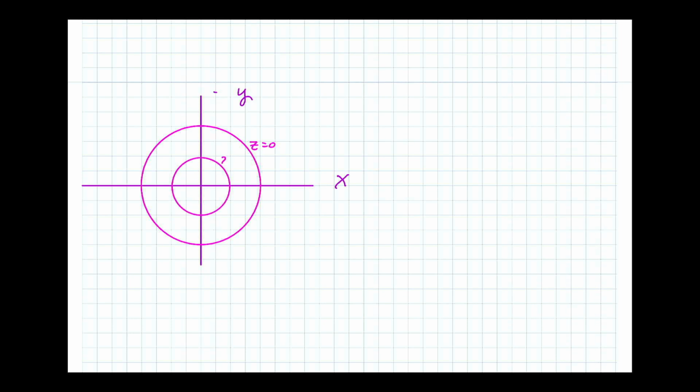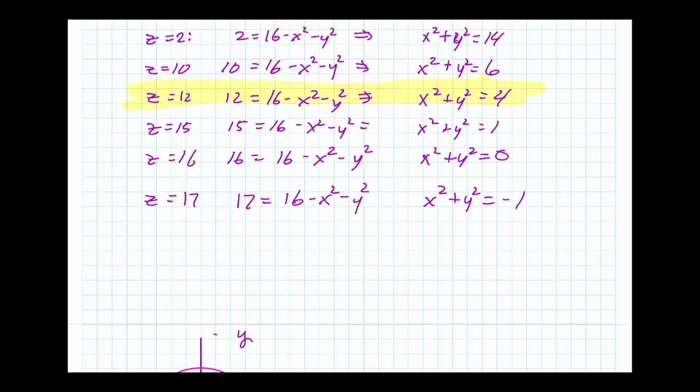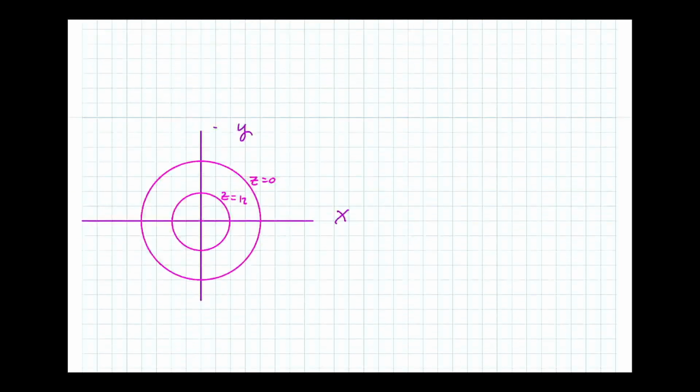So this was actually z equals 12. We also have like z equals 16 here. x squared plus y squared equals 0 is actually just a single point, 0, 0. So right here in the middle, that's z equals 16.